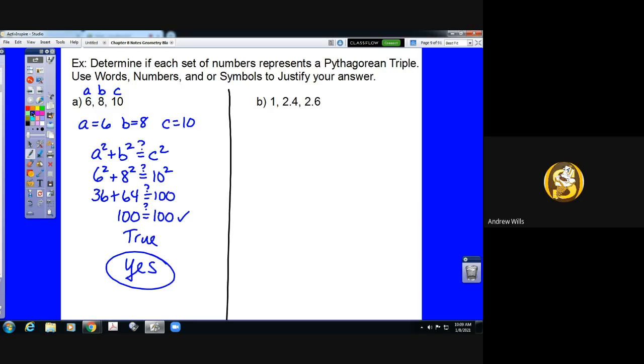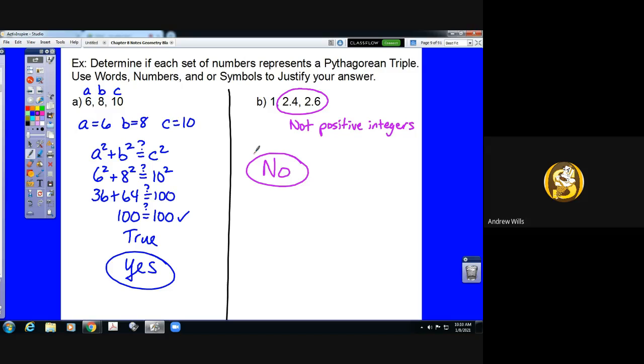Decimal. The second you see a decimal, those are not integers. These two numbers right here are not integers. They are rational numbers, which means the answer automatically is no, because a Pythagorean triple has to consist of 3 integers, and 2 of those 3 numbers are not integers.